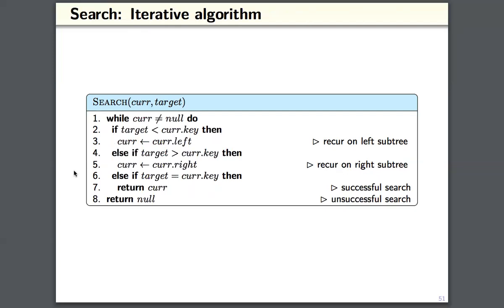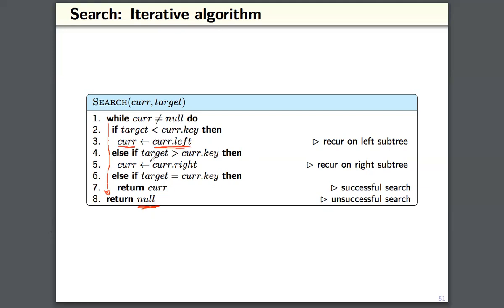Search(current, target): while current is not equal to null. Okay, now directly look at what you are returning. If current equals null, you're returning null itself. Suppose current is not equal to null. That means it's a non-empty tree. You do the same thing. If target is less than current.key, then current becomes current.left.